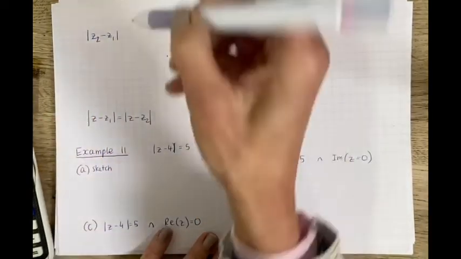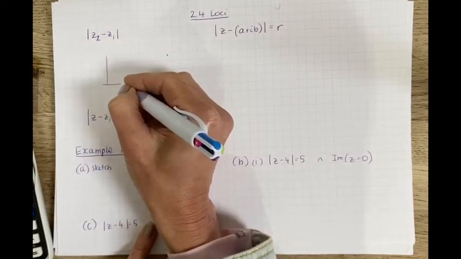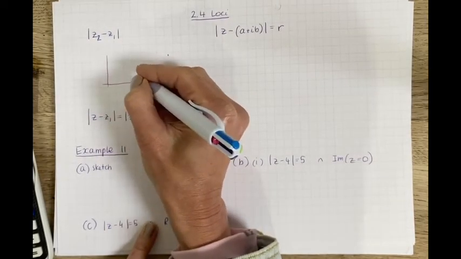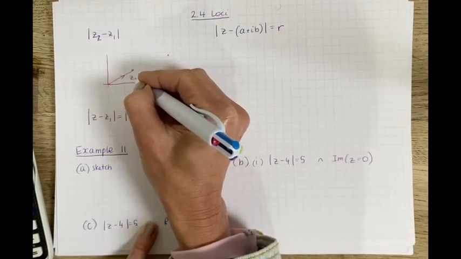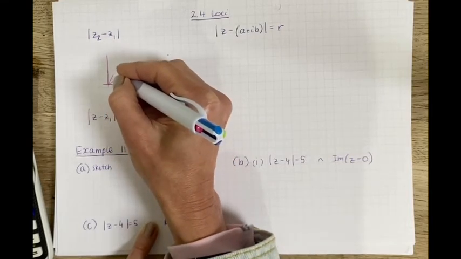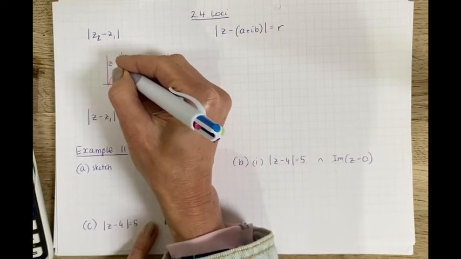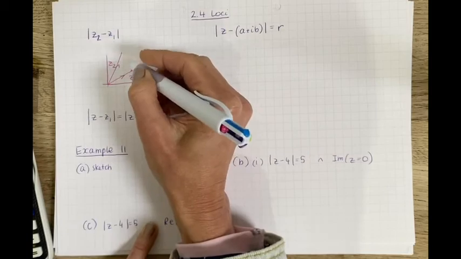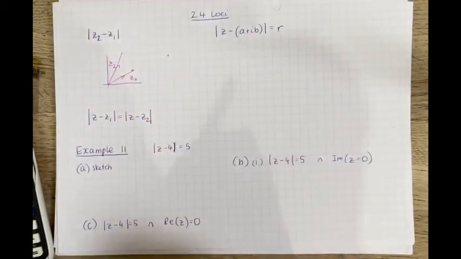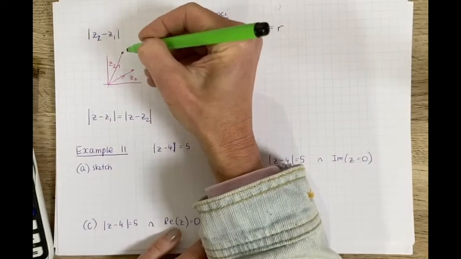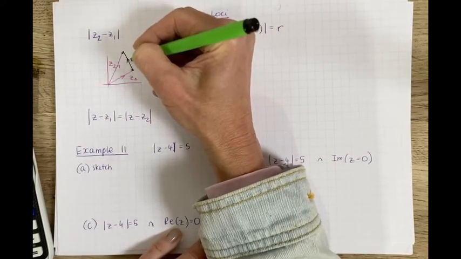So if you imagine drawing two vectors, let's say here is z1 and here is z2. So z2 take away z1 is simply you want to get to the end of z2, but starting from the end of z1.